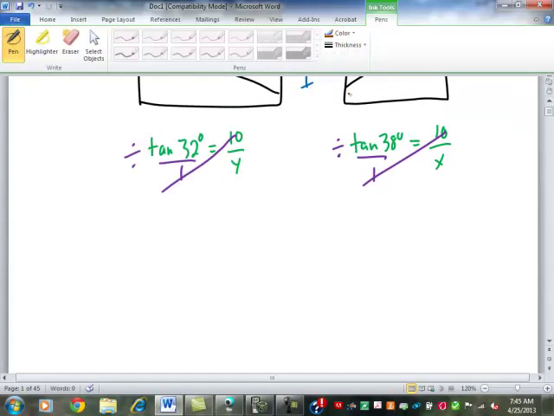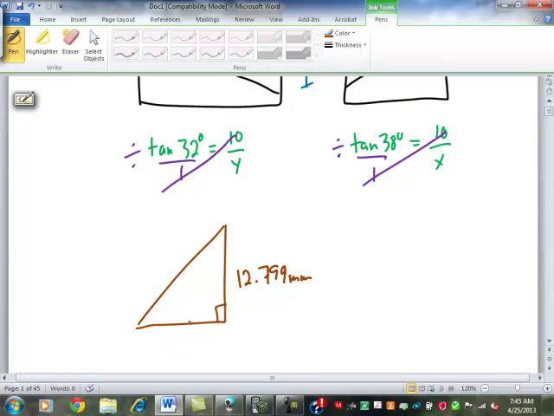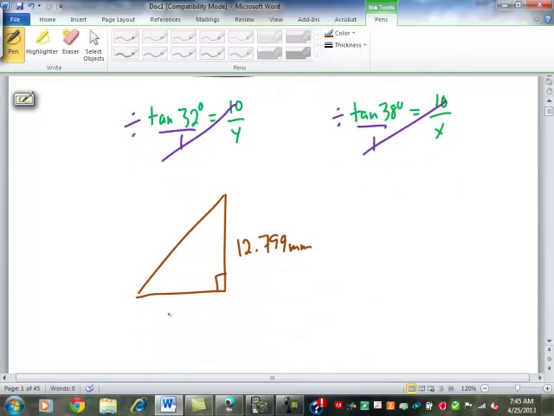Okay, so looking at this triangle here, we have 12.799 on this side, and we have 16.003 on this side. Our angle of rotation is right here, so we'll find the angle of rotation. Remember, R is, anybody remember?